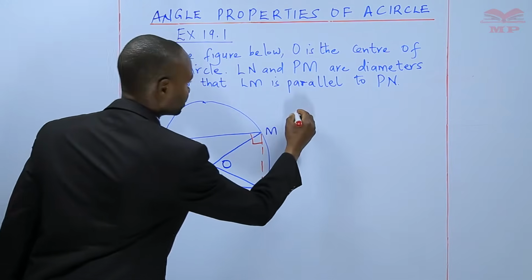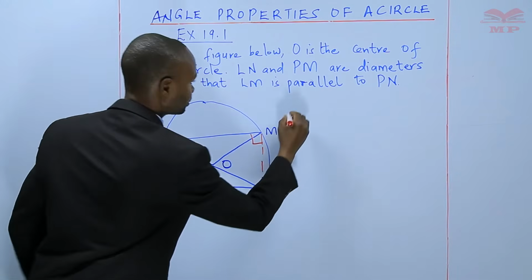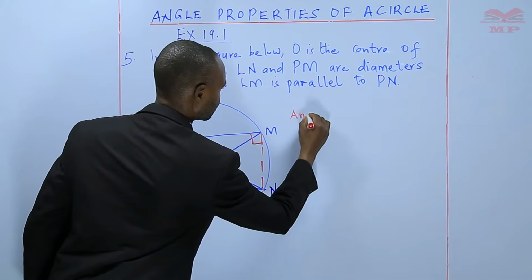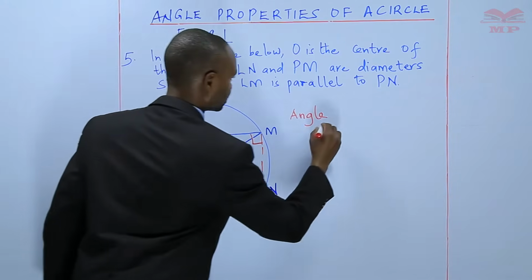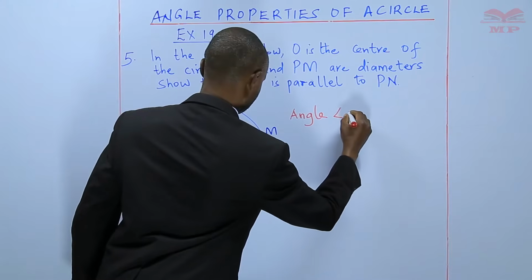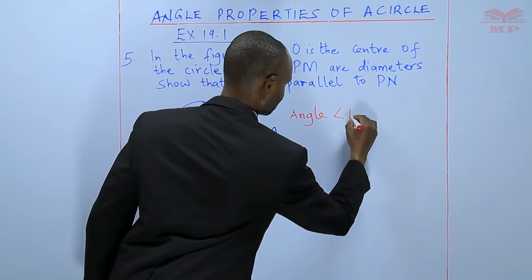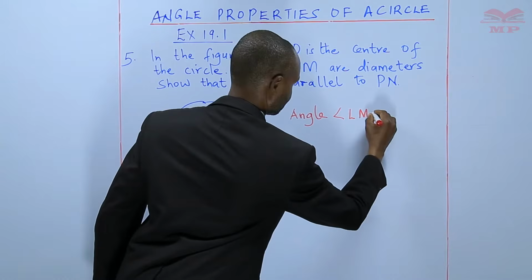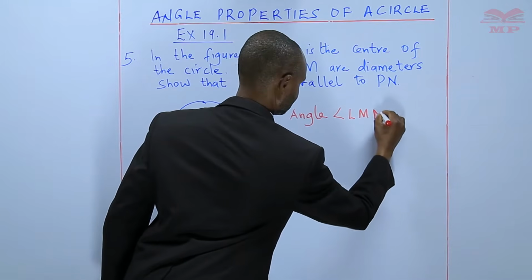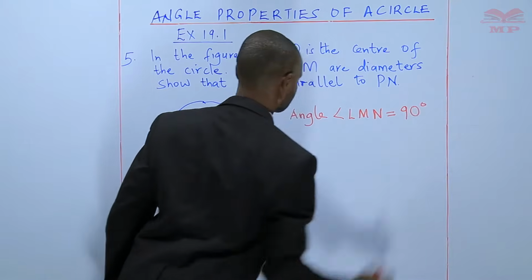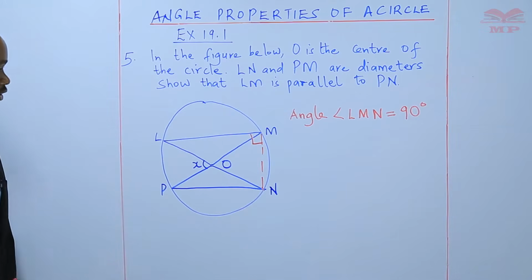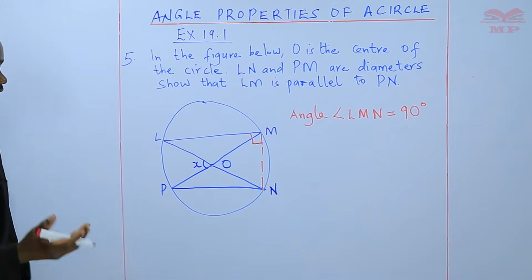Therefore, angle LMN is equal to 90 degrees, which is a right angle. Let's find other angles also.